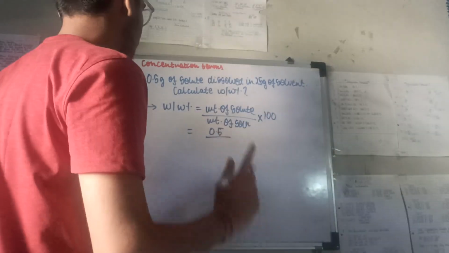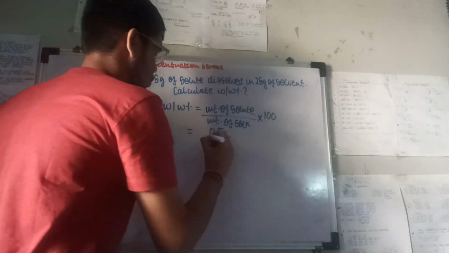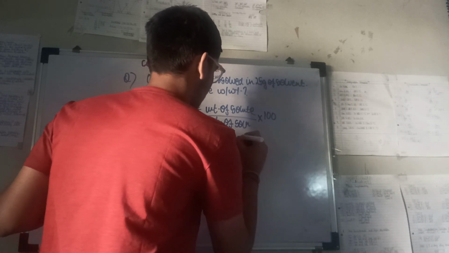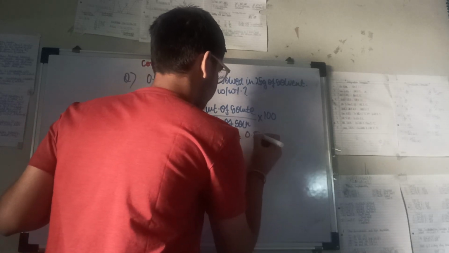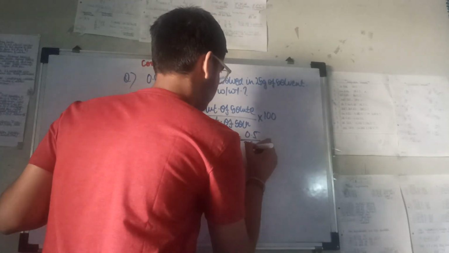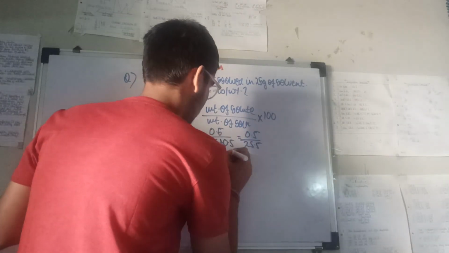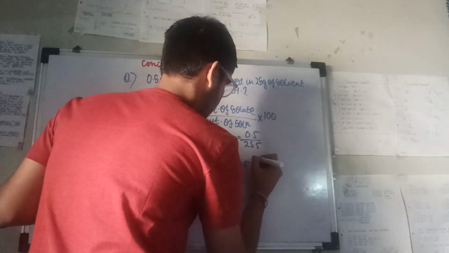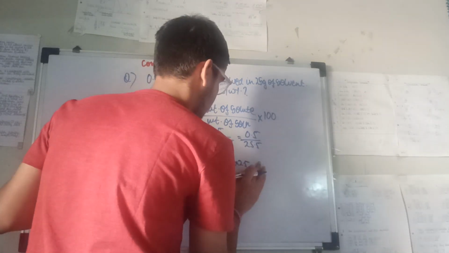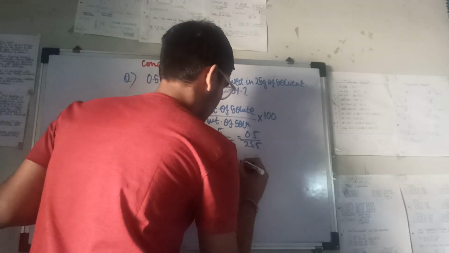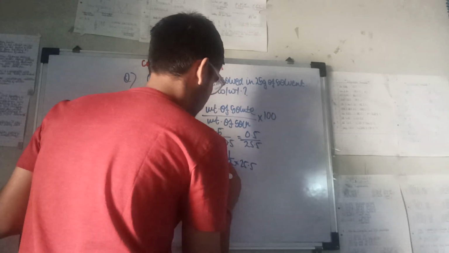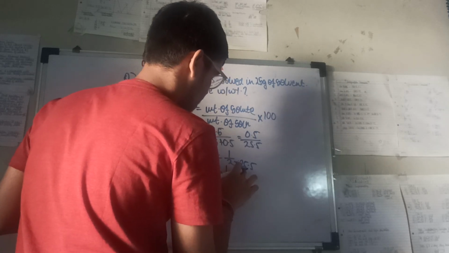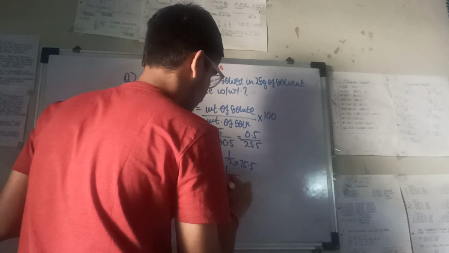Weight of solution, not solvent, so 25 plus 0.5. How much will it come? 0.5 by 25.5, which is 1 by 51.